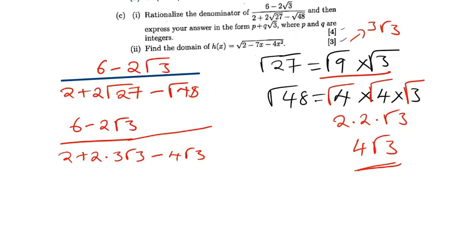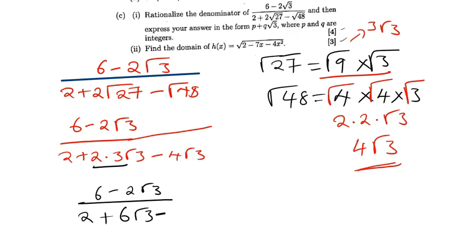If we try to simplify that, we have 6 minus 2 root 3 over 2 plus 3 root 3 minus 4 root 3.